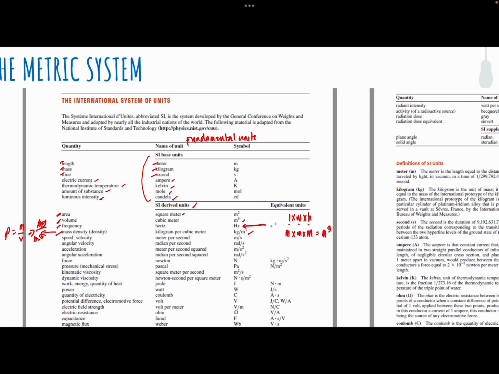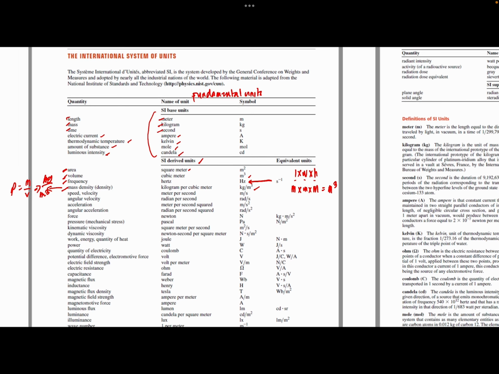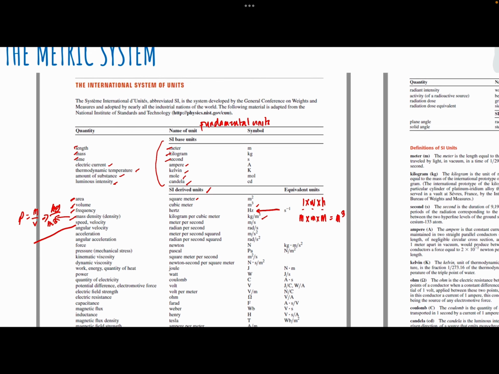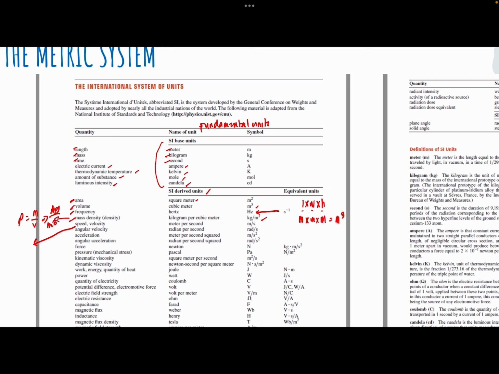How about speed or velocity? So in calculus, we had an introduction to this. So speed is the change in distance with respect to time. So its speed is distance over time. So ang unit ng distance or length is meter and time naman is second.